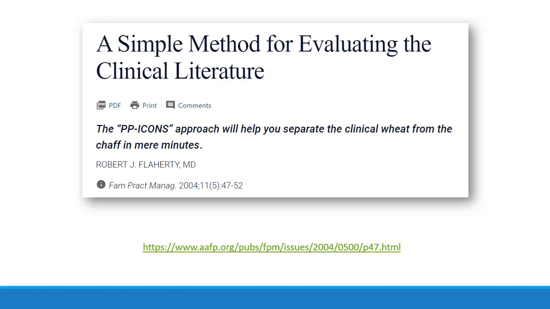This is linked in Canvas, and it is an online version of an article published in Family Practice Management in 2004. And Dr. Flattery here has proposed the PP icons approach in order to help you appreciate if something is a top piece of research versus something that maybe you could ignore.